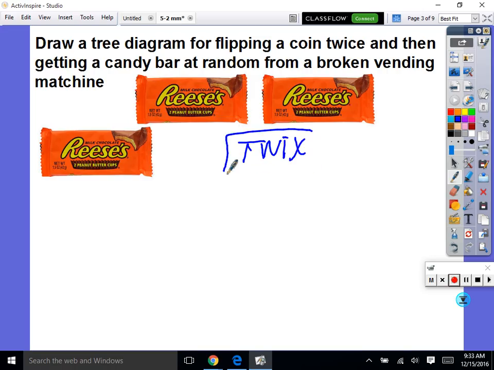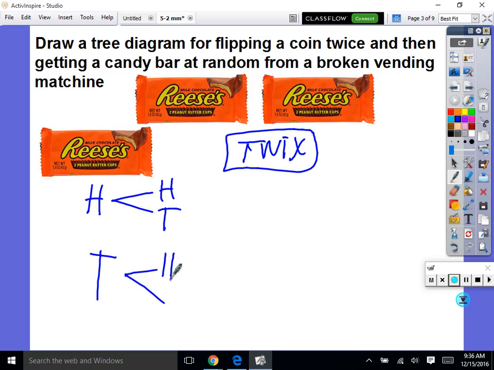Okay, so let's say there's a Twix. Let's just do 1 Twix so that it's not so big. So you went through and said, okay, I could get a heads, tails, and then on my next flip, I could get a heads, then tails. If I got a tails, I could get a heads, then tails. And let's say I got a heads, heads.